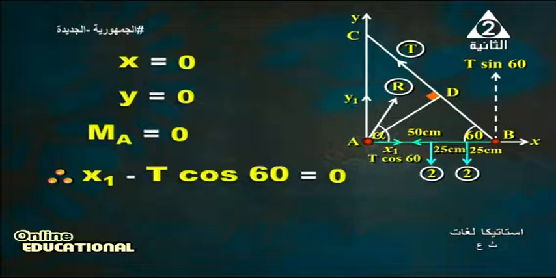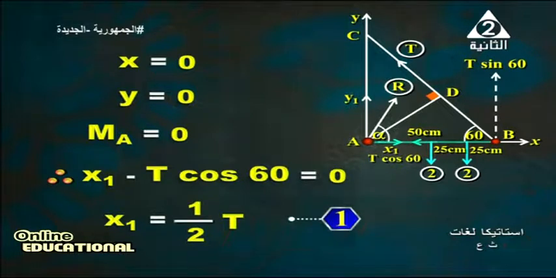Also, my dear student, the tension at BC we resolve into two components, T sine 60 and T cosine 60 in horizontal. We know that summation of x equals 0, so x1 minus T cosine 60 must equal 0. Therefore, cosine 60 equals 1 over 2, and we deduce that x1 equals half T.